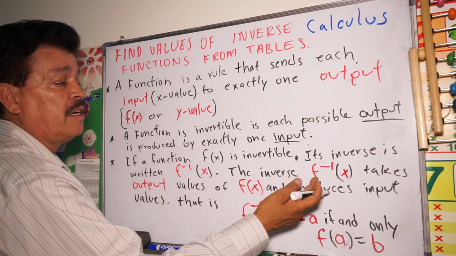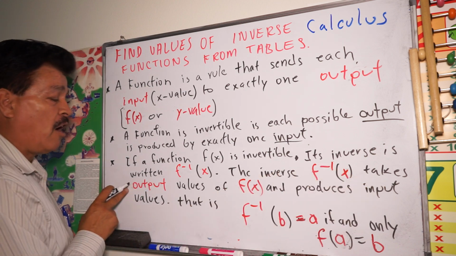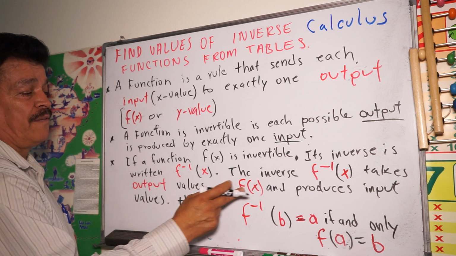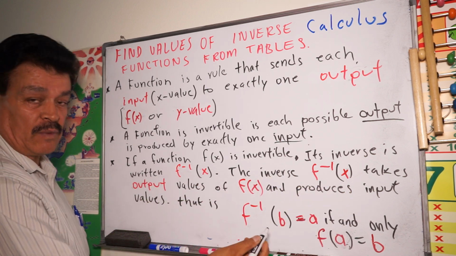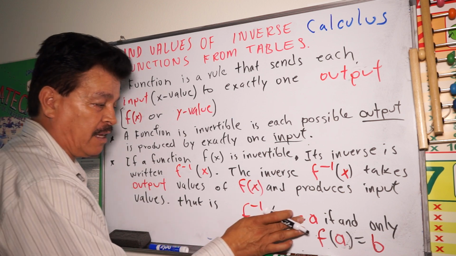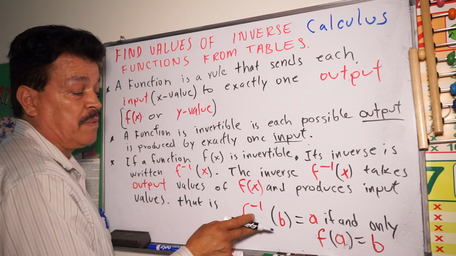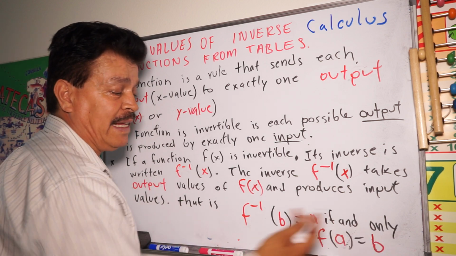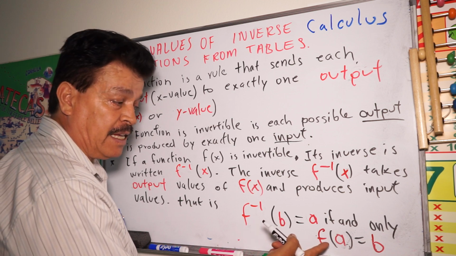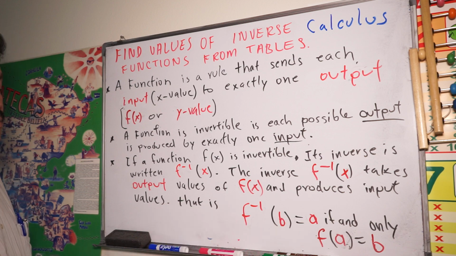The inverse of f takes output values of f(x) and produces input values. Look at this formula, the main thing right here: f inverse of b equals a if and only if f(a) equals b. Don't forget this formula.